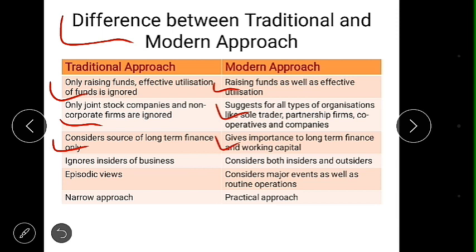Modern approach gives importance to long term finance and working capital. Ignores insiders of business. Modern approach considers both insiders and outsiders. Episodic view, जैसा हमने आगे देखा, in major events traditional approach gives idea about major events of company और बिजनेस यूनिट, whereas modern approach considers major events as well as routine operations. जो डे टू डे ऑपरेशंस होते हैं उसमें जो प्रॉब्लम्स निकलते हैं उसके ऊपर भी मॉडर्न अप्रोच फोकस करता है. Traditional approach is a narrow approach, whereas modern approach is a practical approach.